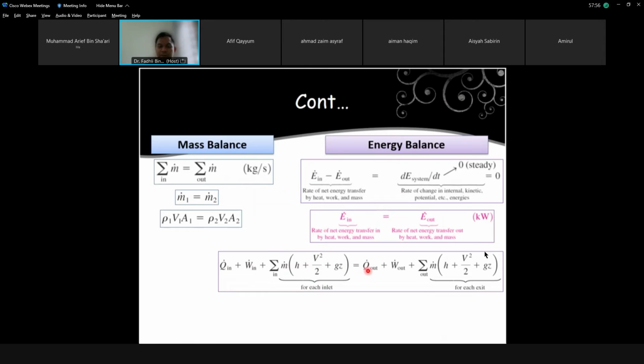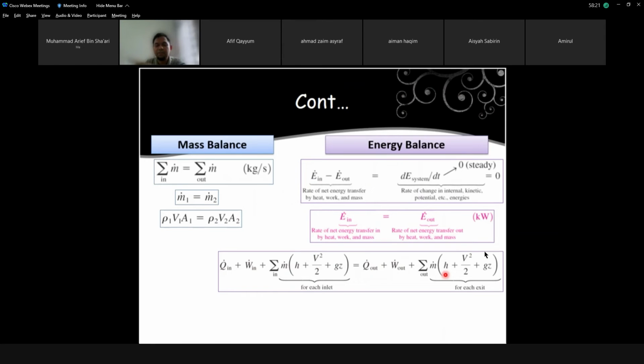On the right side, this one E dot out, they have heat transferred out of the system, work done by the system W dot out, kerja yang dihasilkan oleh sistem, dan ini adalah energy transported by mass at the exit.